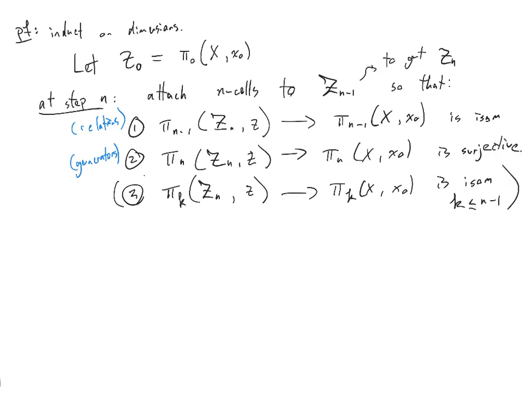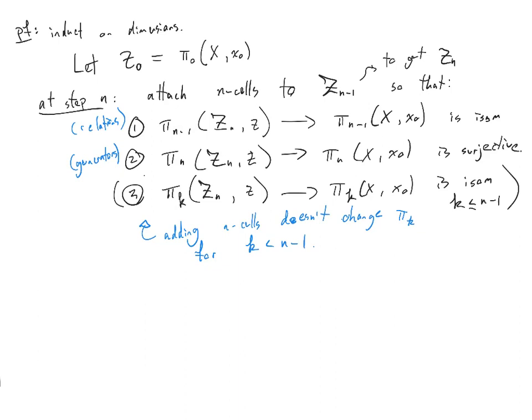And so the idea here is that adding these n cells should not change homotopy groups in degrees lower than n minus 1. So adding n cells doesn't change π_k for k strictly less than n minus 1, right?